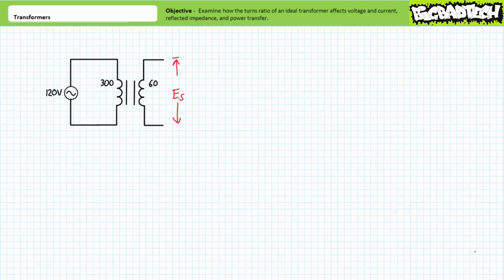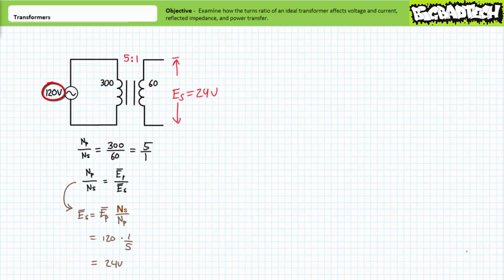Consider the following example. If a transformer primary winding contained 300 turns, and the secondary winding contained only 60 turns, we could say the turns ratio is 300 over 60, or just as easily 5:1. Given the larger number of turns in the primary and the smaller number of turns in the secondary, we can expect this transformer to function as a 5:1 step-down transformer, and that we'd expect our output voltage to be 1/5 of the input voltage.